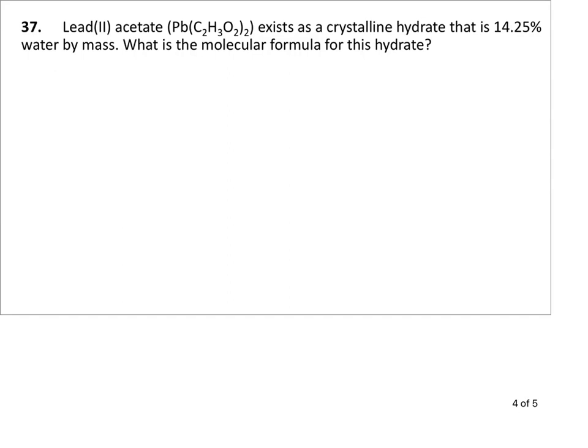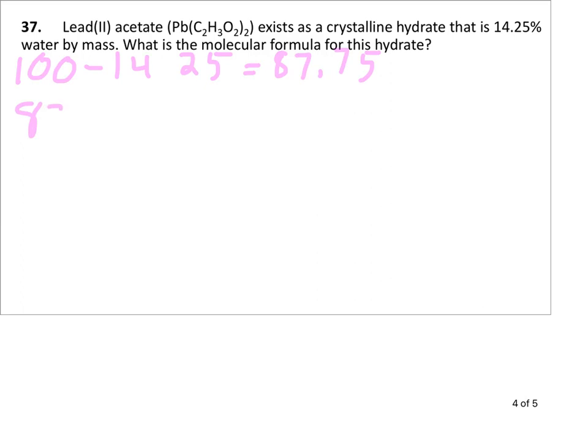Now this one got one little extra step because they told us we have 14.25% water by mass. We don't know how much lead acetate. Easy to figure out. All we got to do is take 100 minus 14.25, which gives us 87.75.